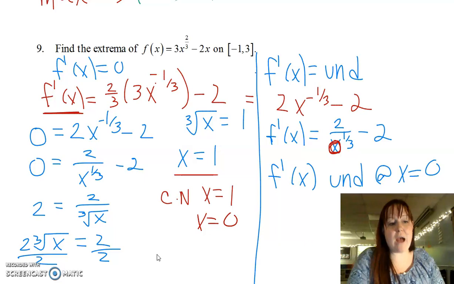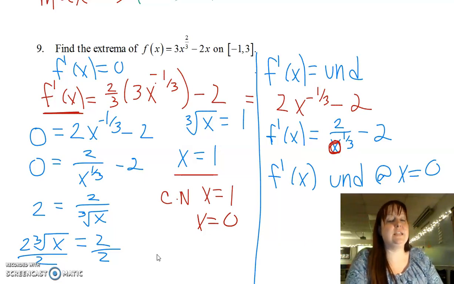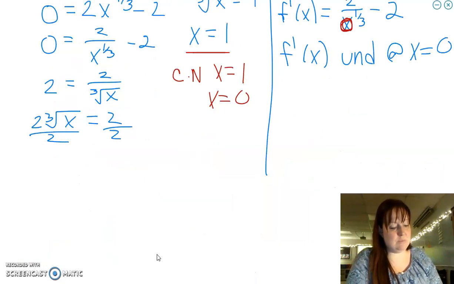Remember, when we're looking for absolute extrema, we're looking at any of the critical numbers, so any of the peaks and valleys inside of the function, and we're also looking at the endpoints, because those could also be absolute extrema.